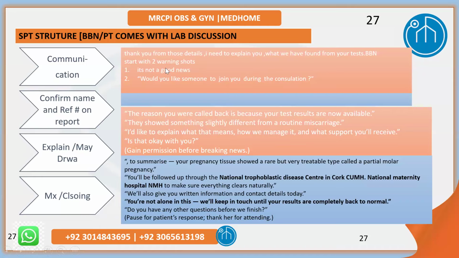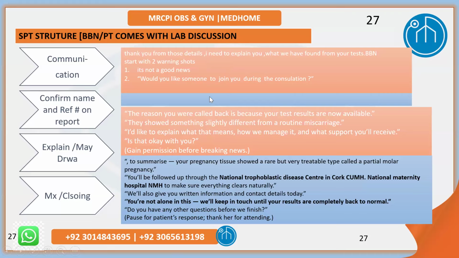These 2 or 3 warning shots carry at least 2 or 3 marks, guys. The rest of the parts are 1 mark each. In this communication, there should be a pause. You count, or you say A, B, C, D, E, F. You have to pause, at least 20 seconds of silence, looking into her eyes.